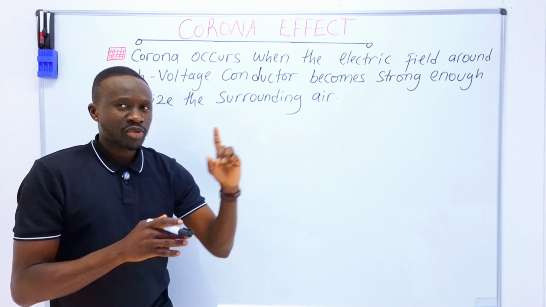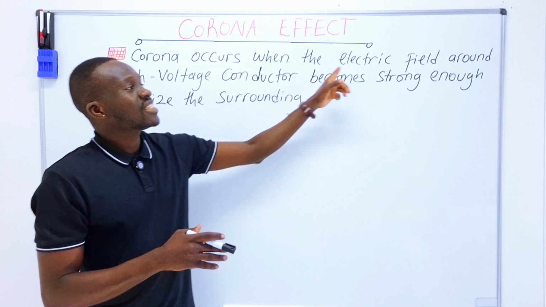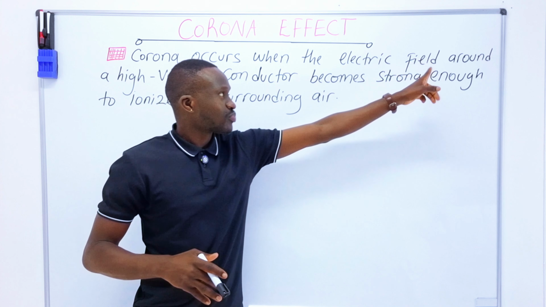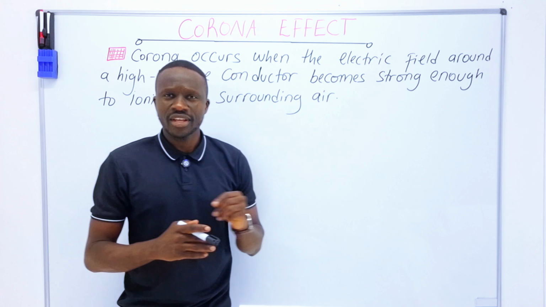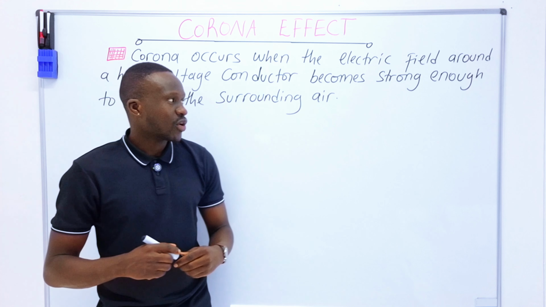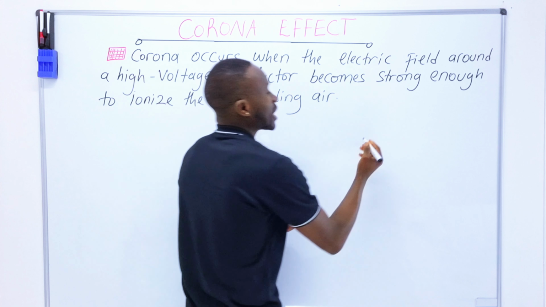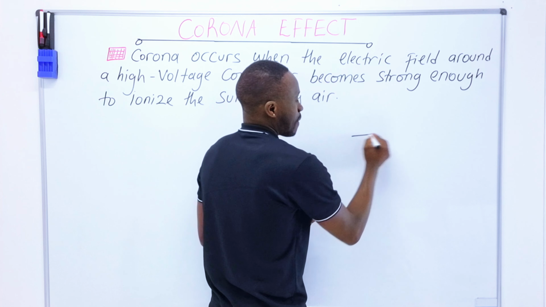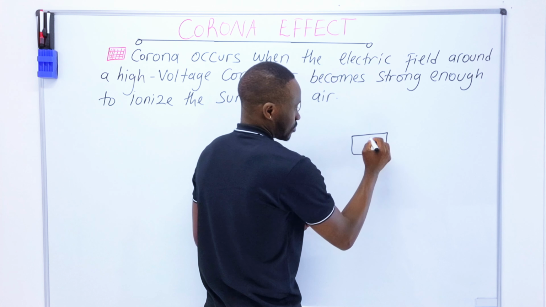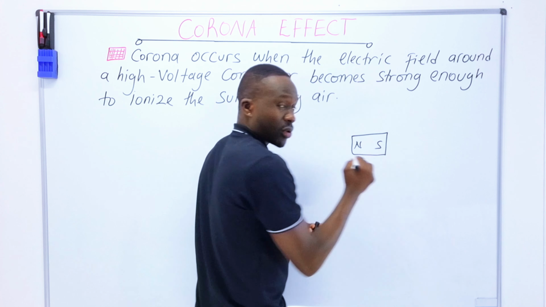Those conductors, when there is an electric field, let me first tell you something about electric field. If you see a magnetic field, for example, a magnet is like this: North Pole, South Pole.